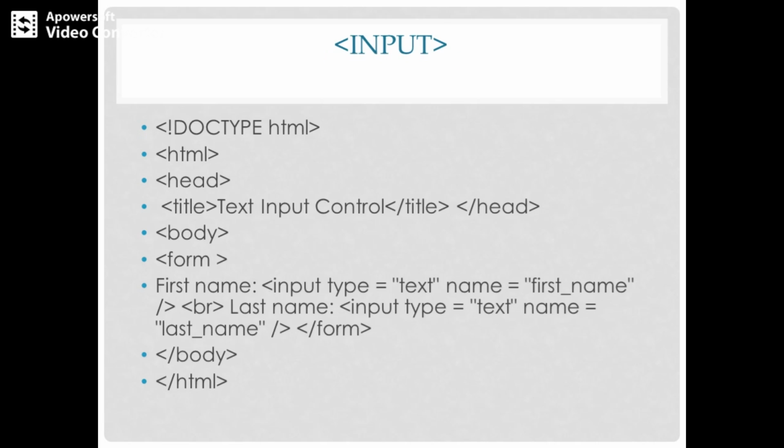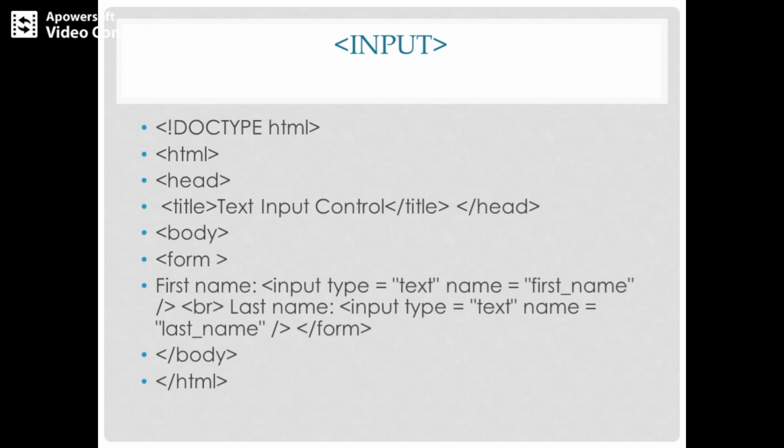So let's see a particular example. Here we are giving two fields. First of all, we want the first name and next the last name. Associated with the first name, we need a box that allows the user to enter characters in the form of text, and that should take your first name.